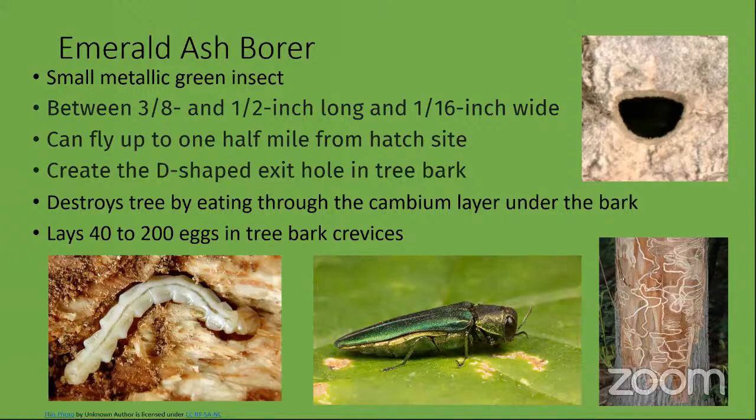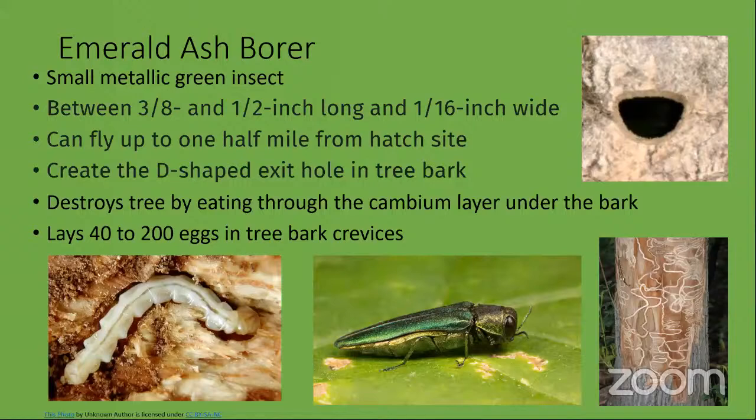If you were to strip away the bark of the tree, you would find the larva that you see in the lower left-hand corner. It's kind of white, a segmented looking little creature. And this just destroys the tree by eating through the bark from when the egg is laid. It goes into a very narrow layer between the bark and the heartwood of a tree, called the cambium layer.